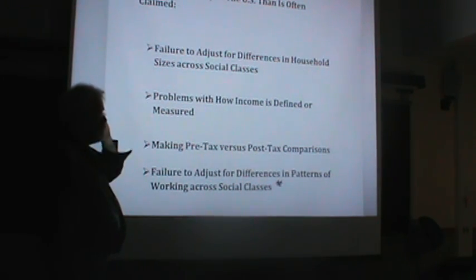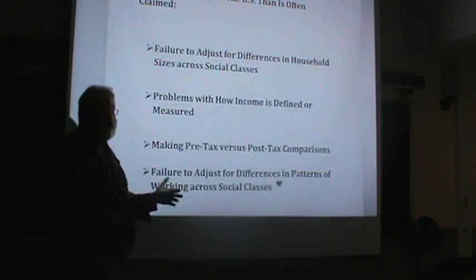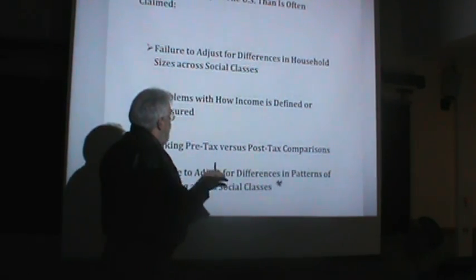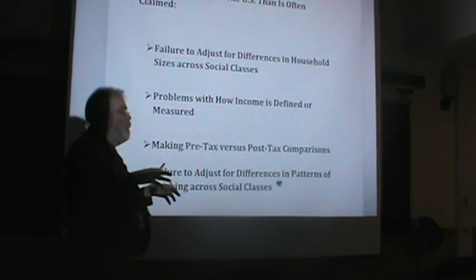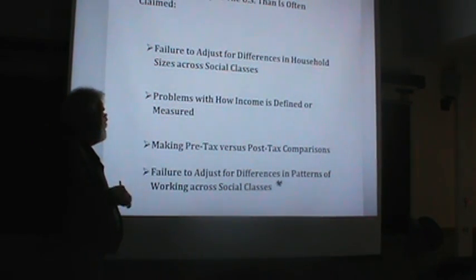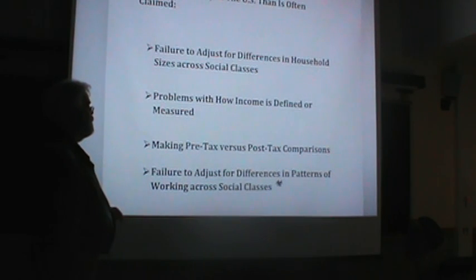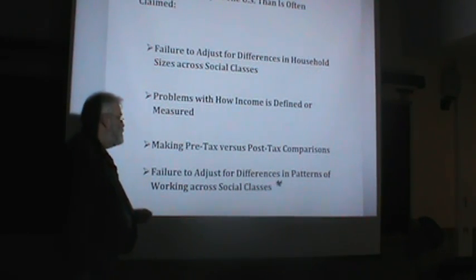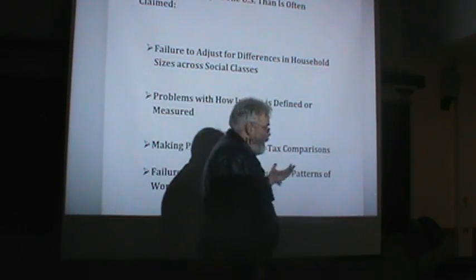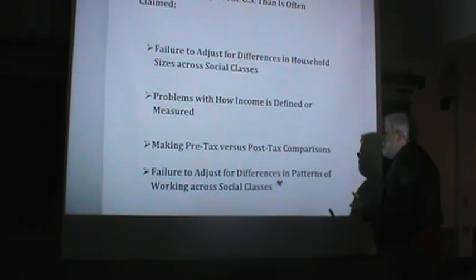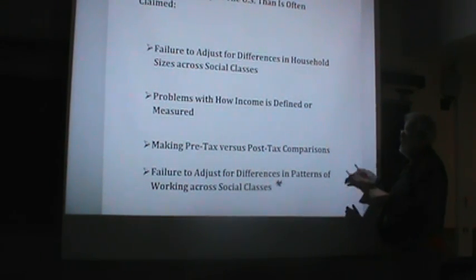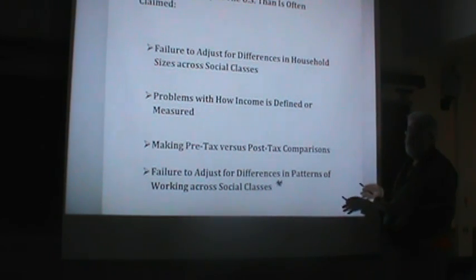Now, this is a very controversial and complicated area, but the general rule seems to be that the more broadly you define income, the more equally income appears to be distributed. Making pre-tax versus post-tax comparisons, well, that one is not so tricky. The rich do pay a higher share of their income in taxes compared to middle income or lower income people.